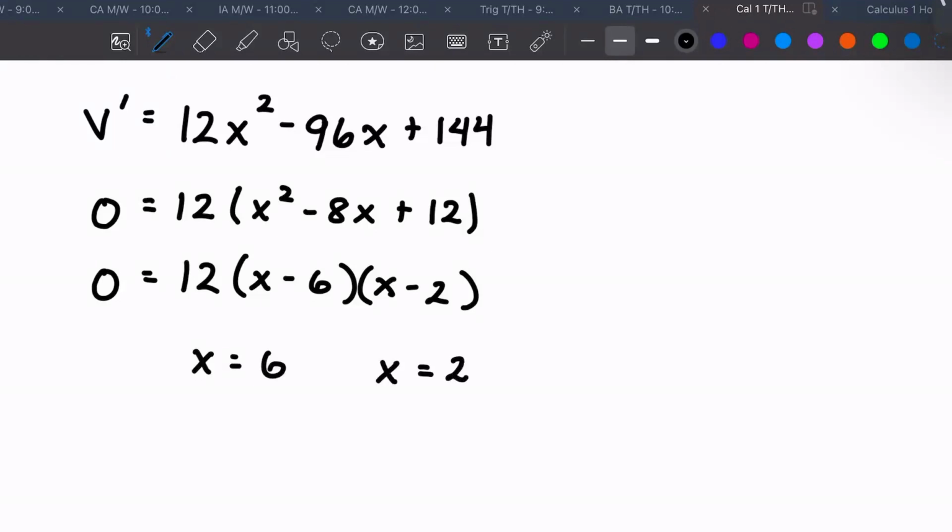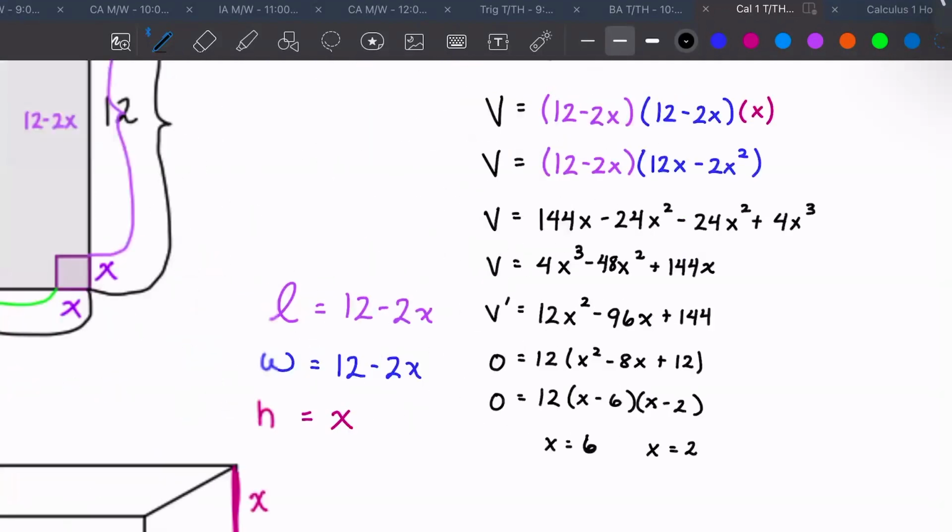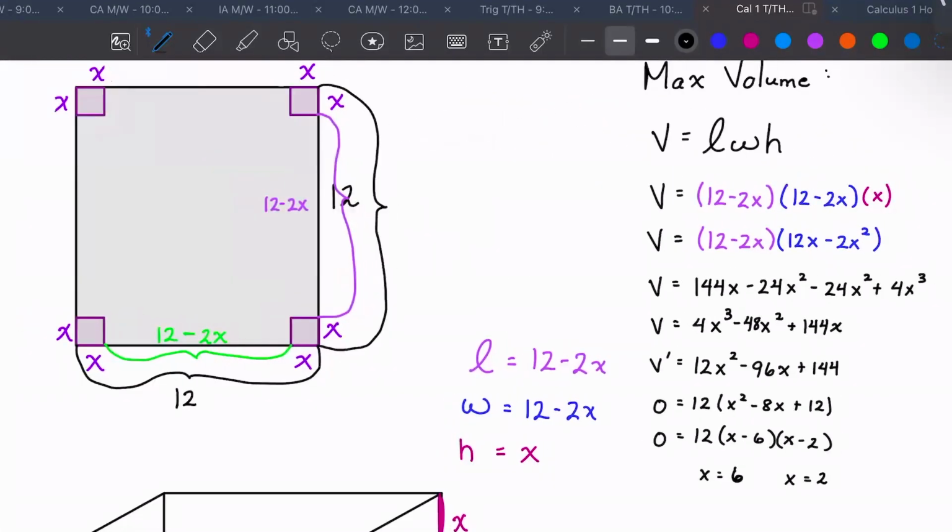Okay, so if you get to a point where you get 2 answers, one of them is going to make sense, the other one is not. So we have 6 and we have 2. I want you to look at what would happen if x were 6. Does that make sense? No, that does not make sense, okay?